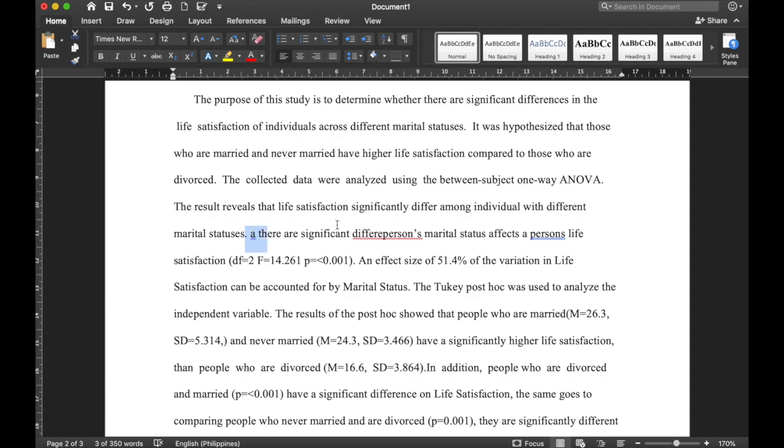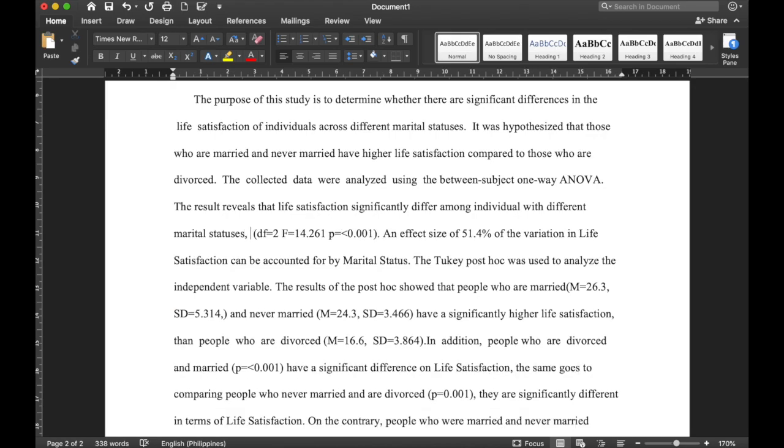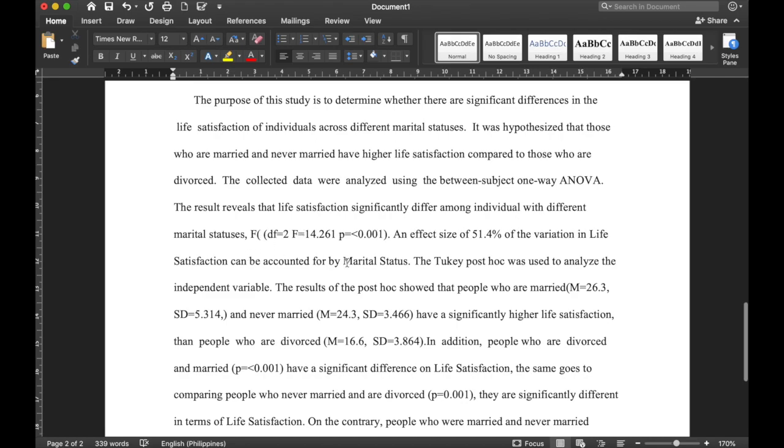Okay, and then right after that, separated by a comma, we need to indicate our statistics. Okay, so it should be F, and then in parentheses 2 degrees of freedom.